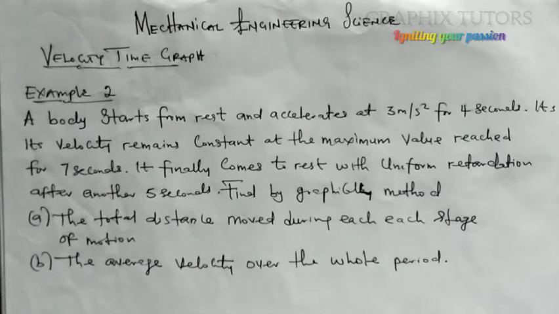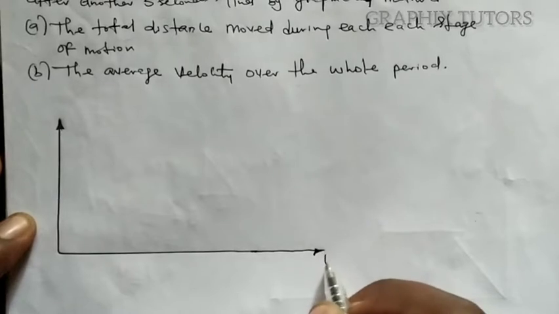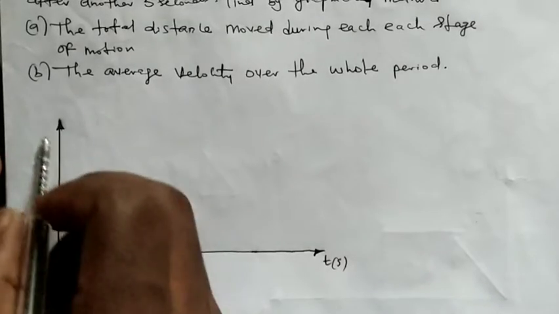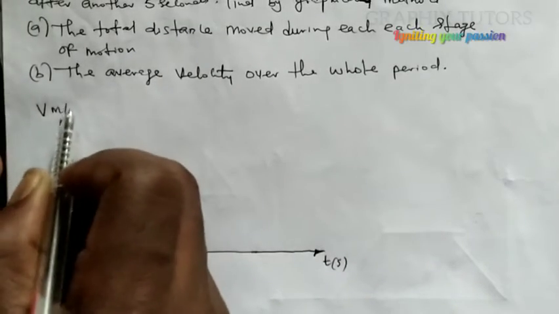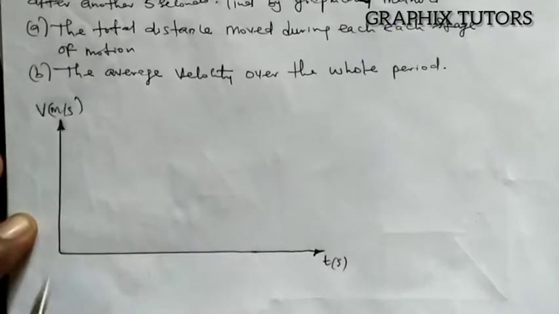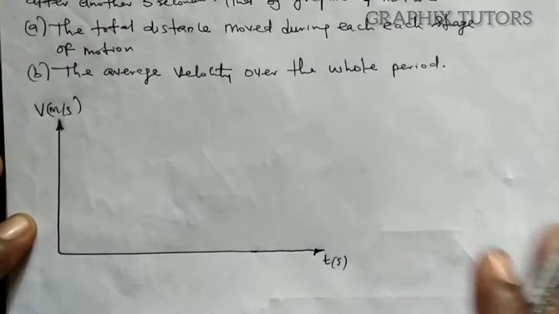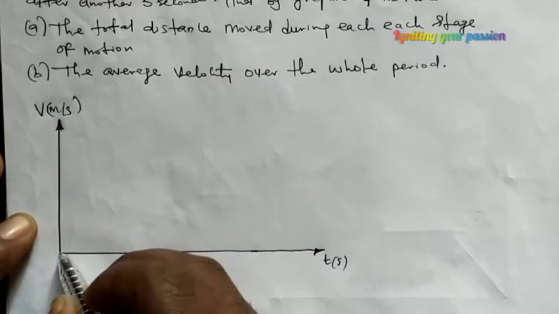So since this is a graphical way of representing it, the first thing you first of all draw is your velocity against time. So this is your T for seconds and your V for meter per seconds, right? So since you said the body starts from rest, you draw your inclined line.